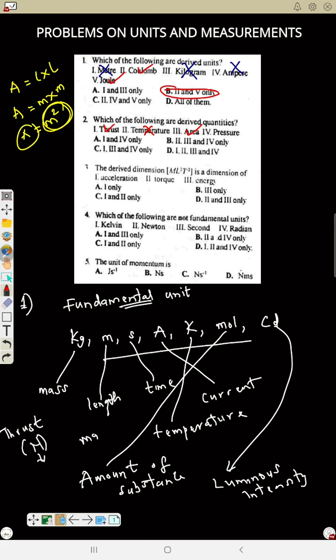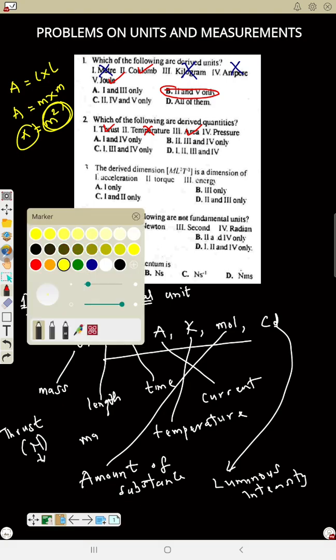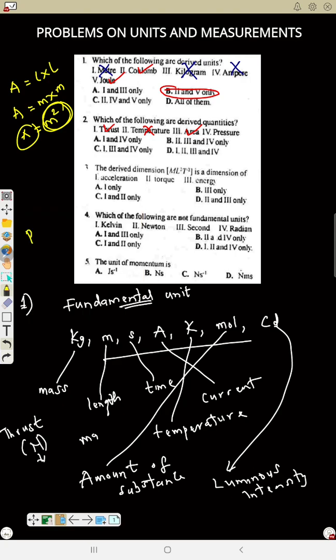So now pressure is also not part of these 7 fundamental quantities, because a derived quantity is a simple combination of fundamentals. Pressure is force over area, and force is Newton, area is meter square, so that is Newton per meter square.